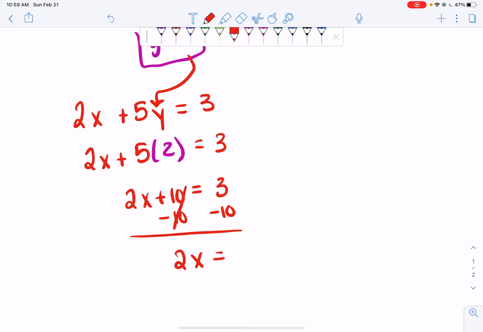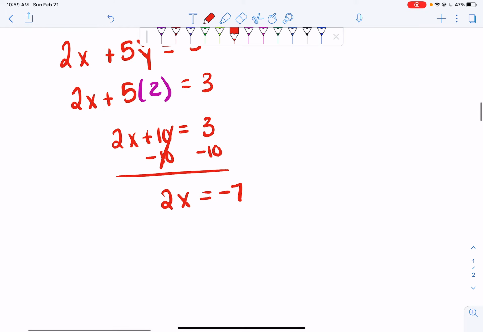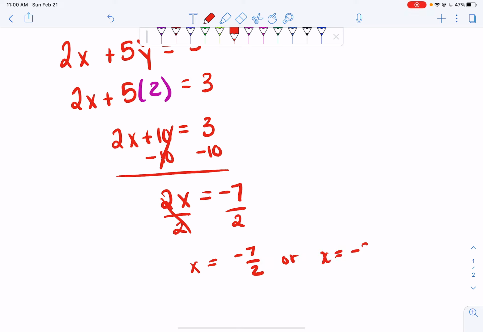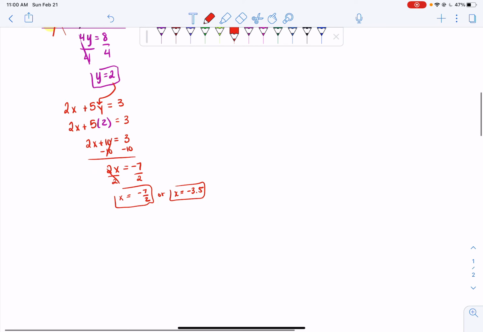And I get 2x equals negative 7. Divide both sides by 2. And I get x equals negative 7 over 2, or you can write it as x equals negative 3.5. My final answer would be negative 3.5, comma 2.